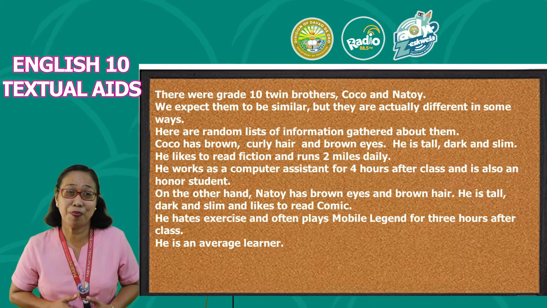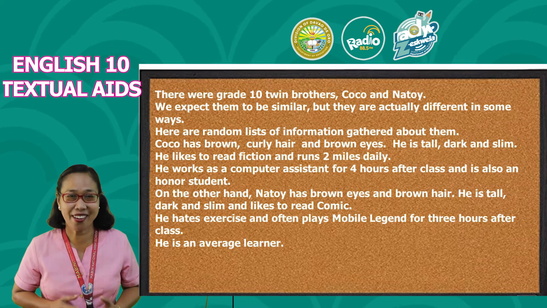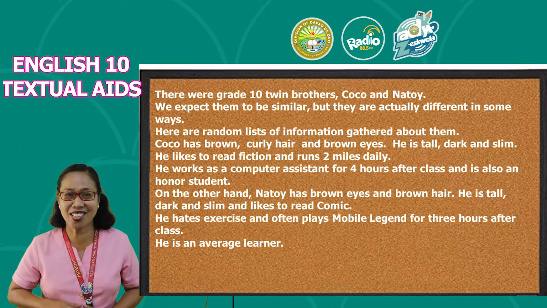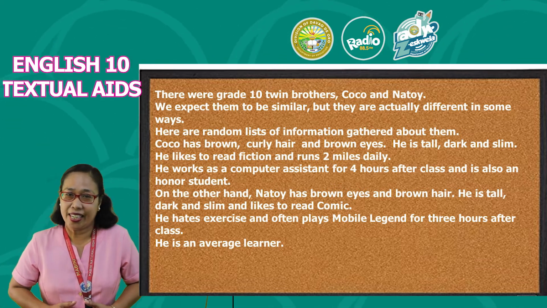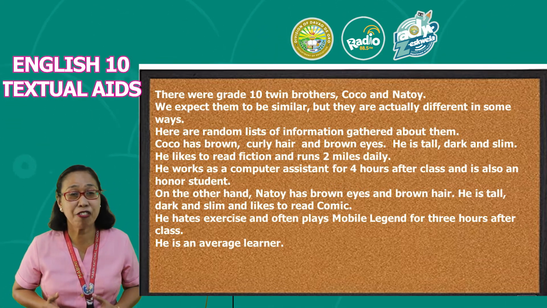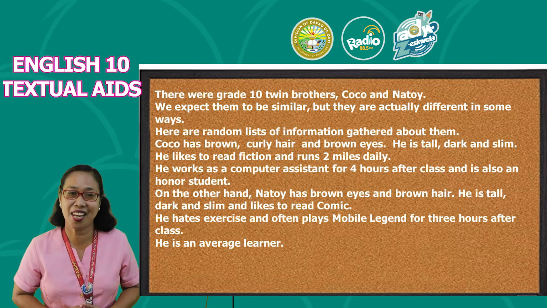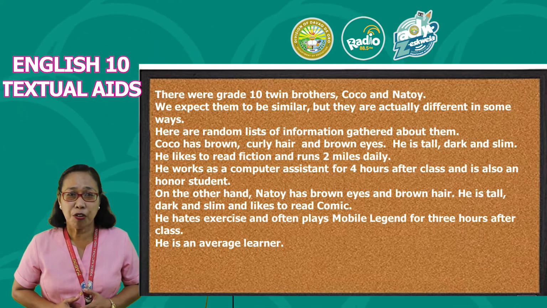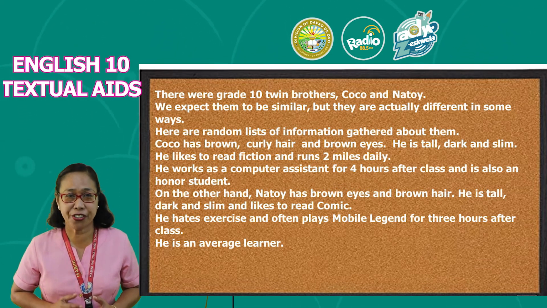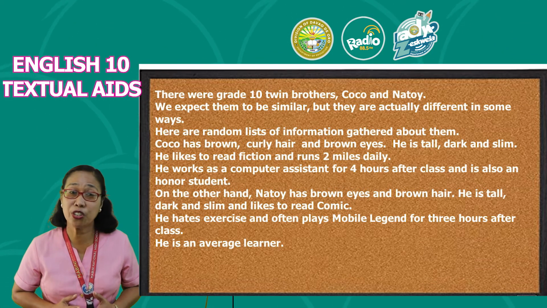Coco has brown, curly hair and brown eyes. He is tall, dark, and slim. He likes to read fiction and runs 2 miles daily. He works as a computer assistant for 4 hours after class and is also an honor student.